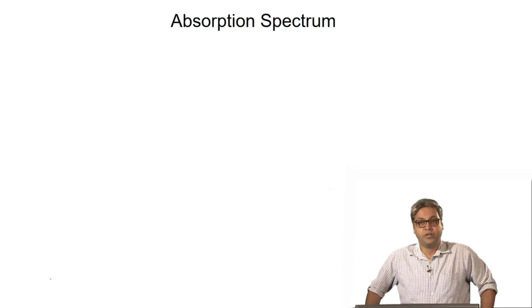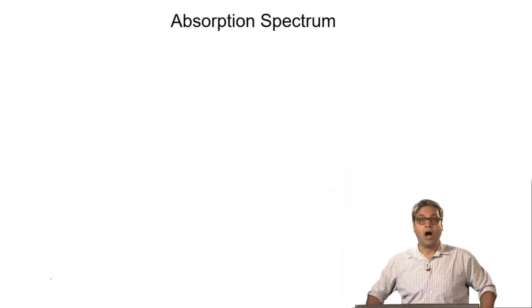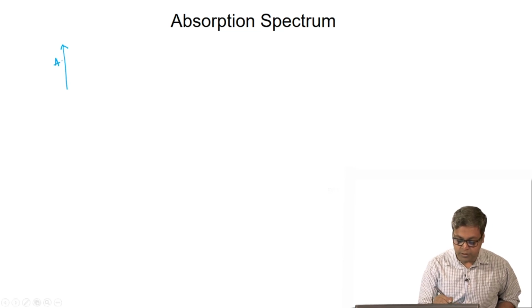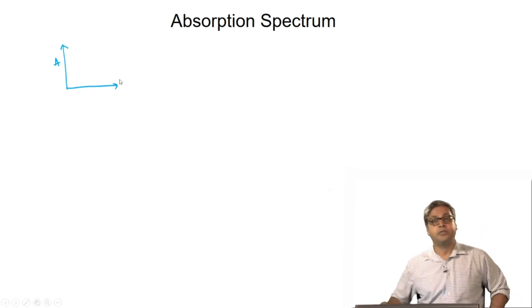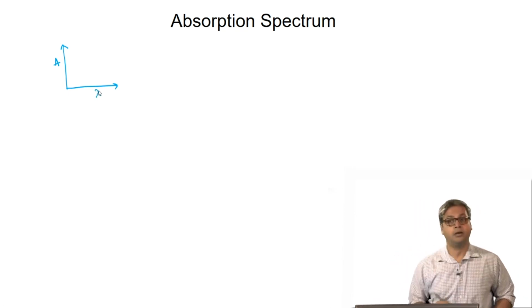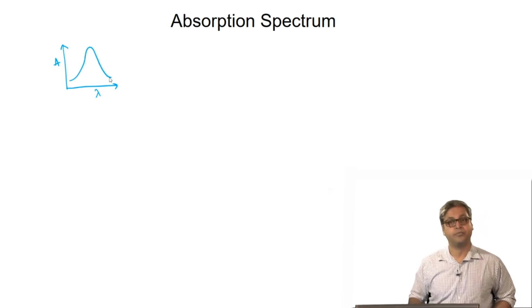Hello everyone, welcome to this lecture. In the last lecture, we discussed how we can obtain an absorption spectrum. We had mentioned that if we plot absorbance obtained from a spectroscopy experiment against wavelength lambda, we can obtain an absorption spectrum.